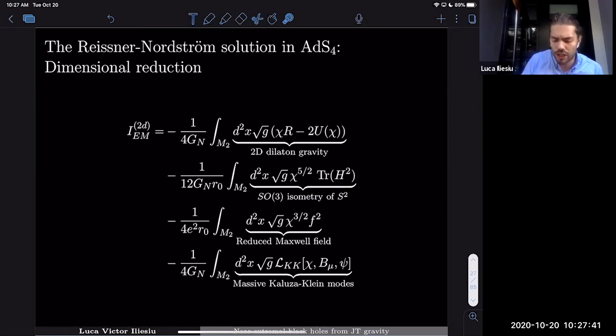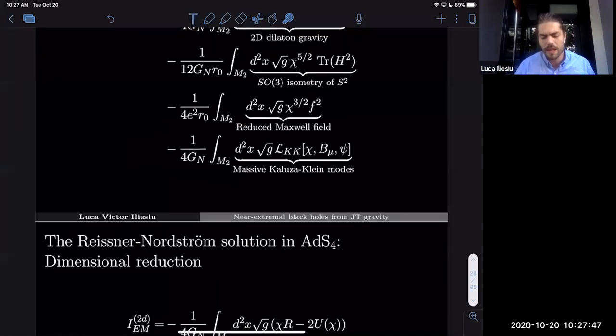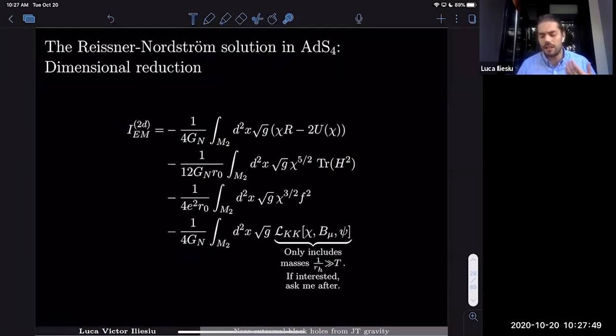But you can put all the massive Kaluza-Klein modes in a separate term, and the reason why I do that is because in the near horizon region, the masses of the Kaluza-Klein modes will scale like 1 over the radius of the horizon. And in the regime that we're interested in, namely the near-extremal regime, the temperature is much smaller than the scale of 1 over R0.